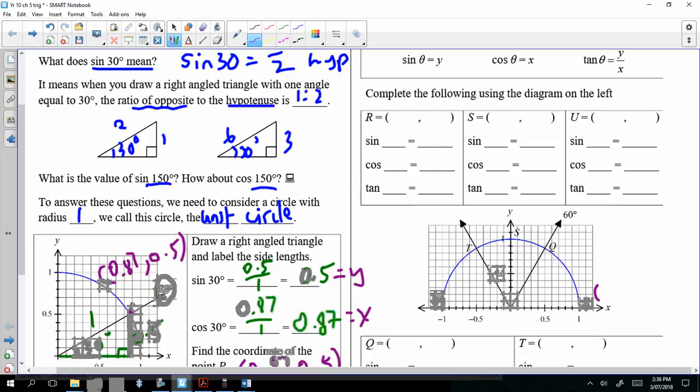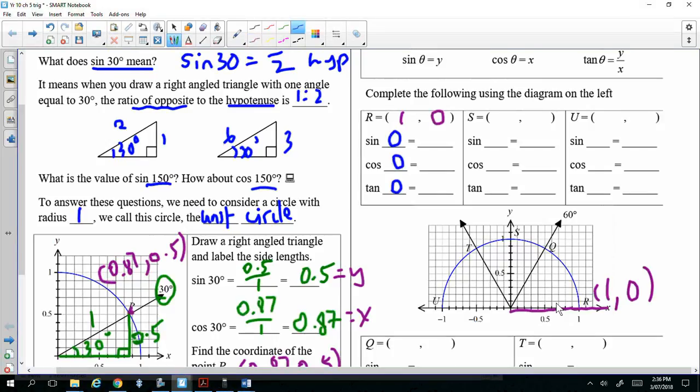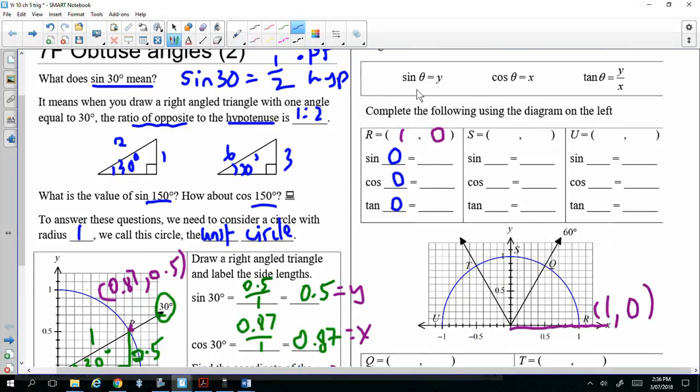Using the definition, sine 0 is the y value. What's the y value? 0. What's cos 0? The x value, 1. And tan theta is y over x, because it's opposite over adjacent, which is 0 over 1, so 0.